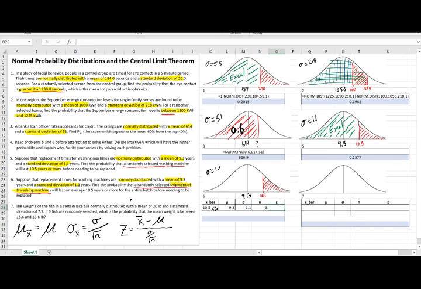And so our z-score, what we're going to do here is take this z-score formula and use it right here. Okay, so the z-score should be equal to, I'll put the numerator in parentheses, x bar minus the mean, divided by, and I'll put the denominator in parentheses as well, the standard deviation over the square root of n.